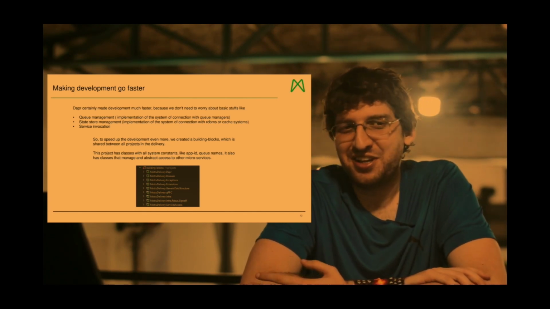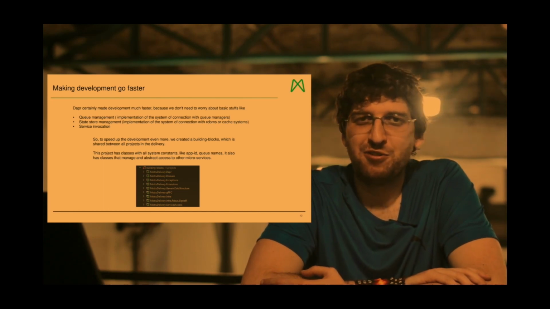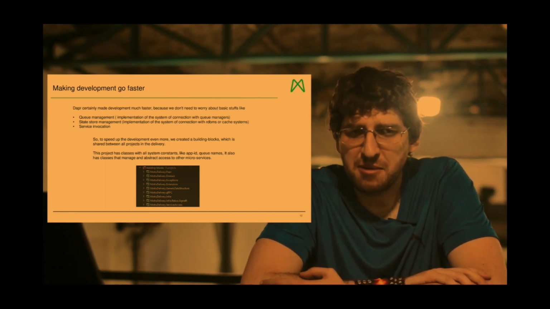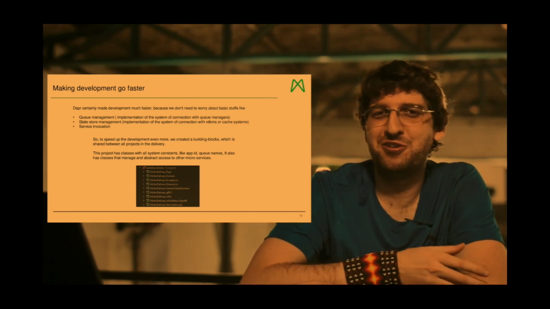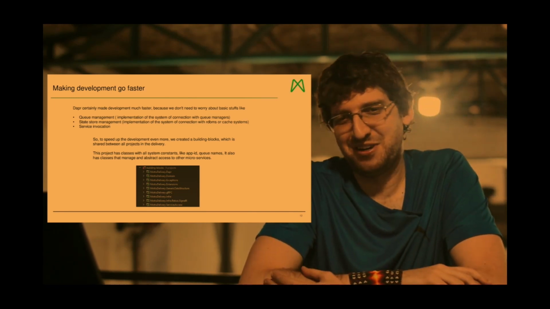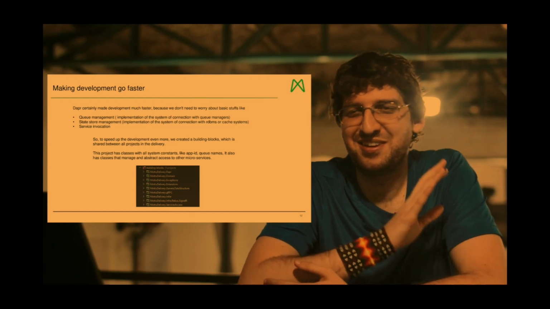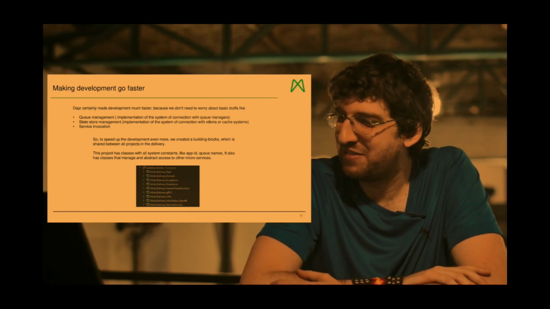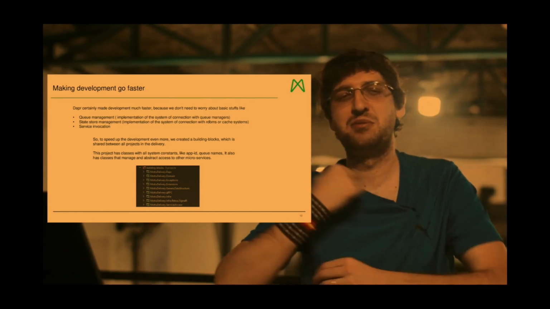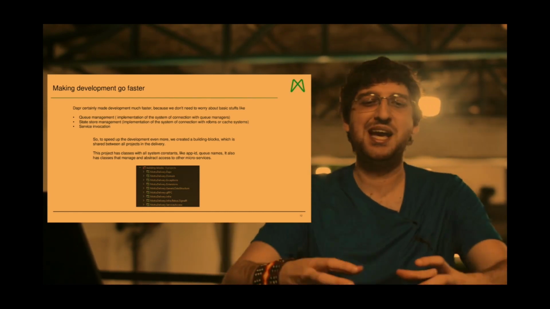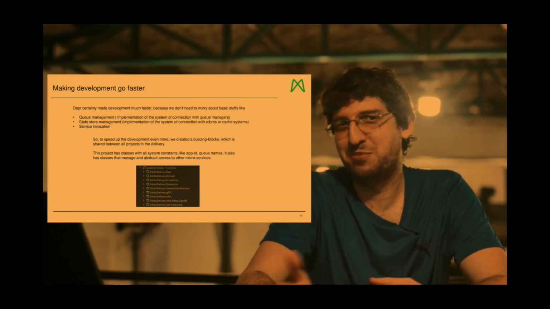And the key management and the service discovery system make the development much faster. You just need to know how to configure the app ID, and it's quite easy. Development goes really fast. To help us make development even faster, we created building blocks that encapsulate all that service access process.